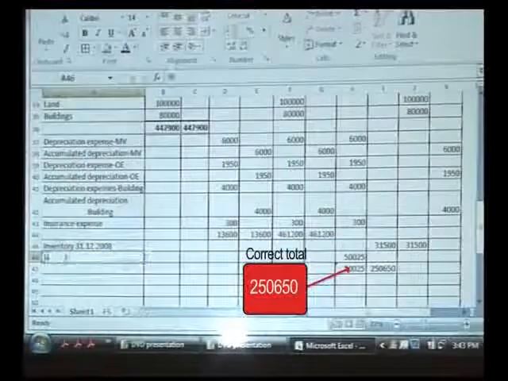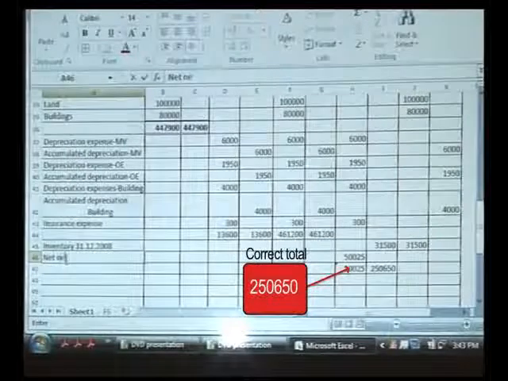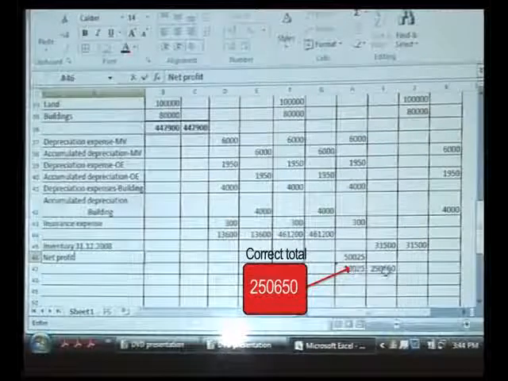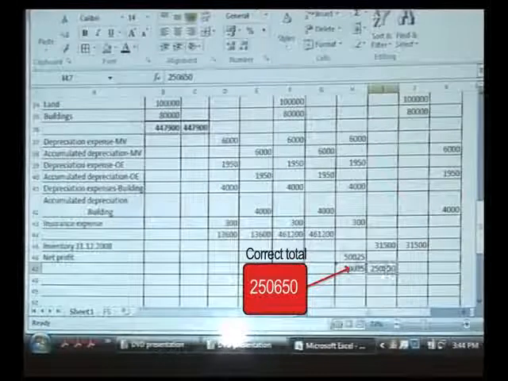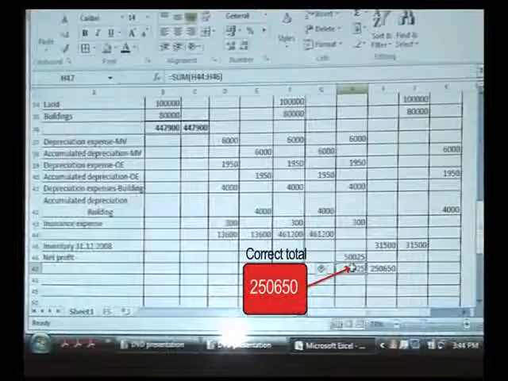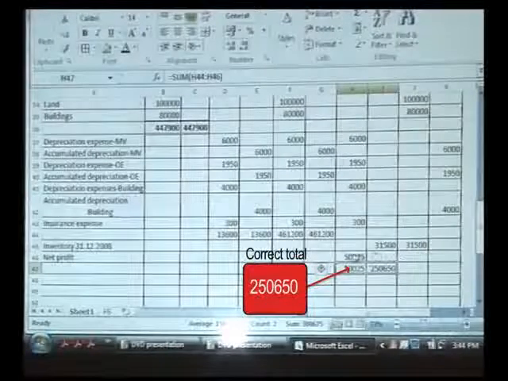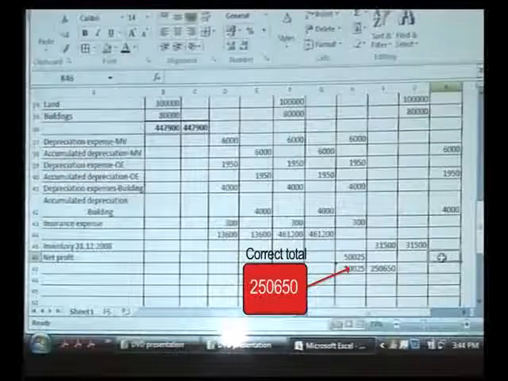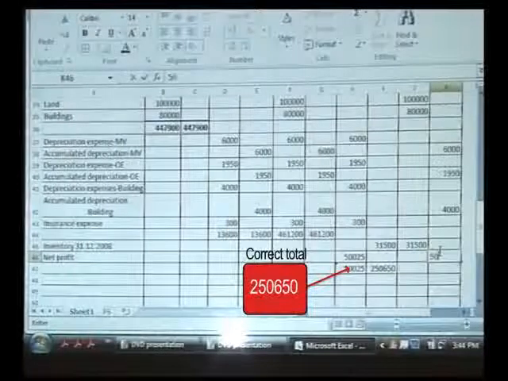Then write net profit. So there is the difference between the credit column total and the debit column total. Immediately after arriving at this figure, extend that amount to the balance sheet. 50,025.